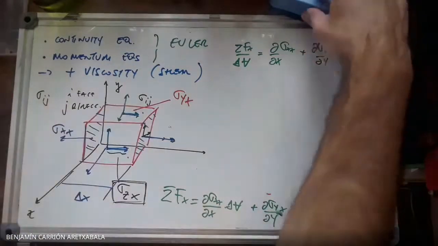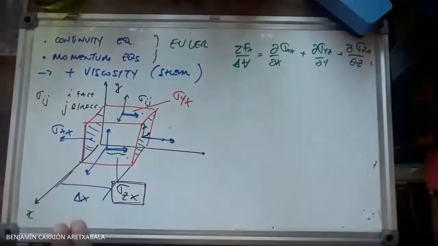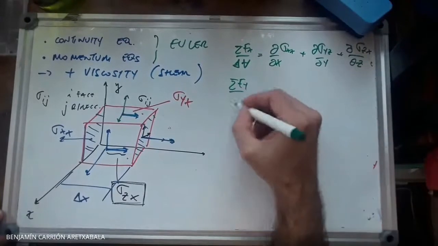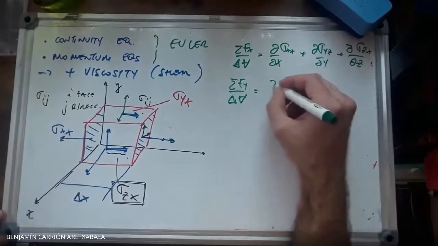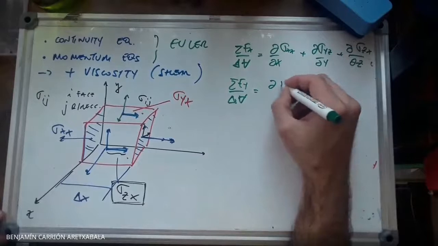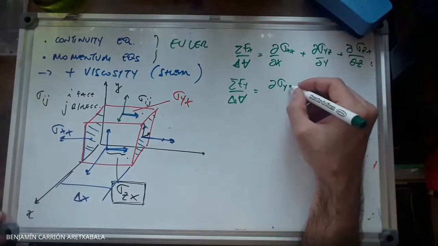Which I can just put here to show you. Also, divided by delta volume. In this case, it's going to be sigma acting on y in the x direction.